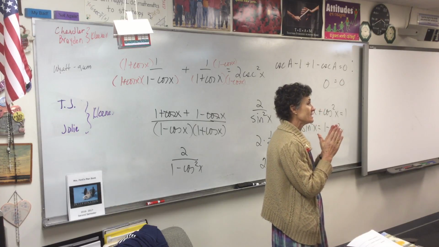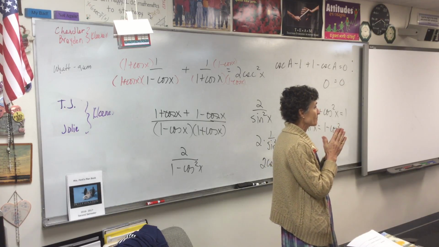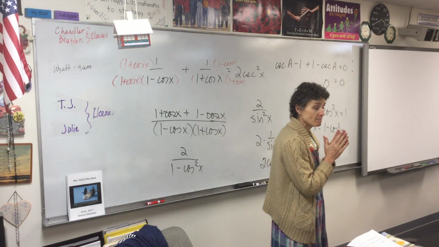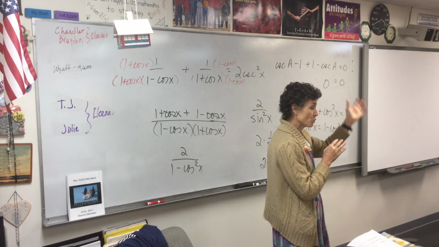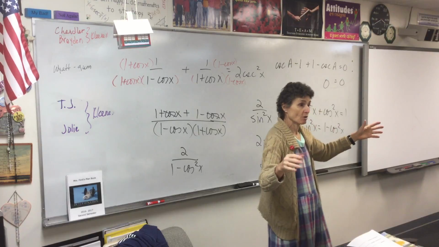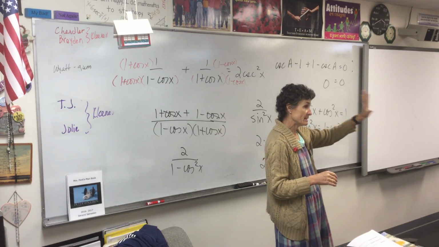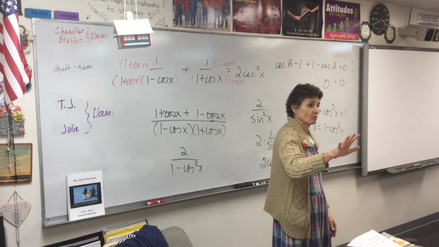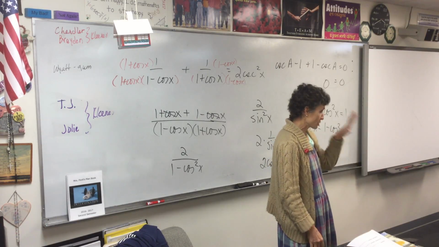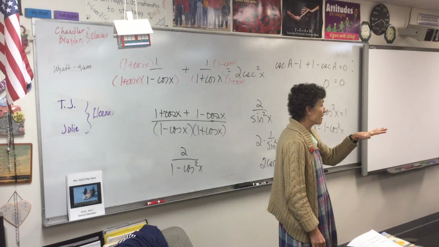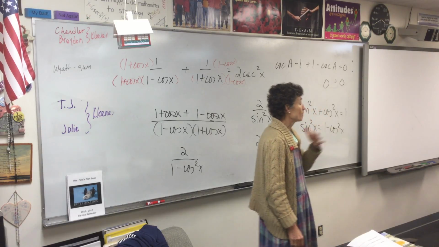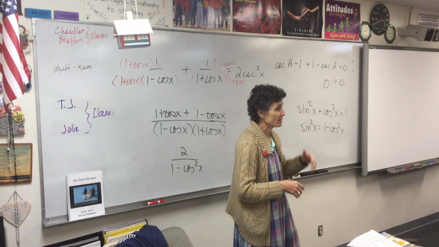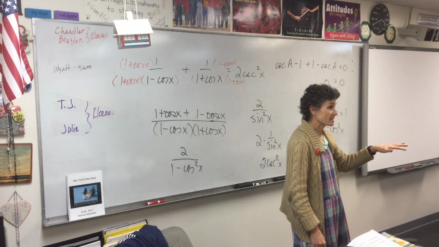But years and years of experience have made me believe that if your choices are an addition or subtraction on one side and a multiplication or division on the other side, start with the add and subtract side. I think it's easier, personally, and that's just based on my experience.